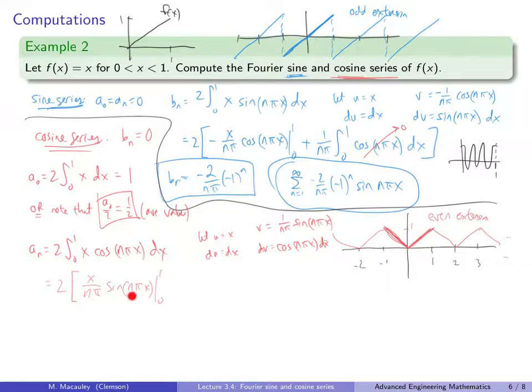We plug in 1, we get sine of n pi, which is 0. And when we plug in 0, we get sine of 0 times 0, which is 0. So this whole thing is going to go to 0. Now, that's uv minus the integral of v du. So minus 1 over n pi times the integral from 0 to 1 of sine of n pi x dx.